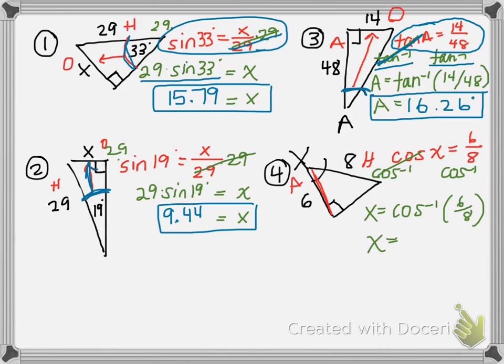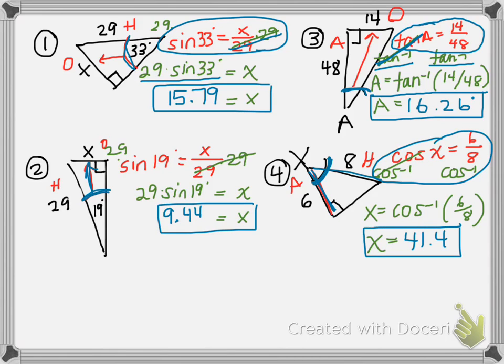Alright, number 4. Again, we have our angle right here, and we have our adjacent side and our hypotenuse. So we're going to use cosine of x is 6 over 8. And then we're going to use cosine inverse to find our angle measure, which is 41.4 degrees.